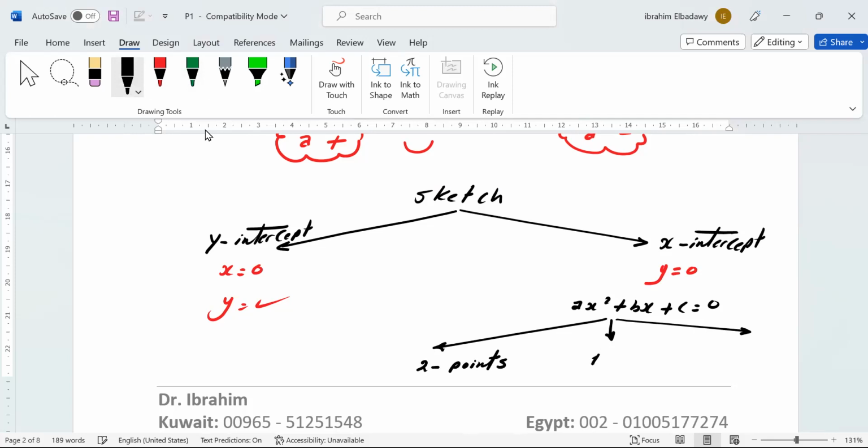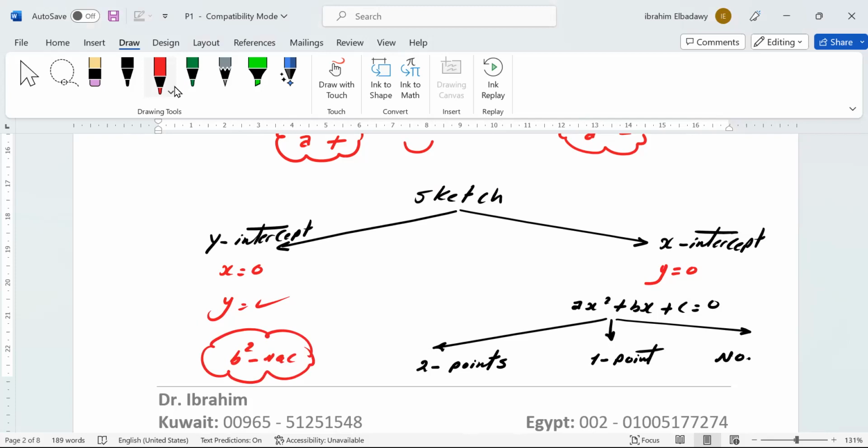Maybe you intersect it at 1 point. Maybe there is no intersection at all. How can you know whether you have 2, 1, or nothing? This is according to the discriminant, b squared minus 4ac. This discriminant determines if you have 2, 1, or no intersections.